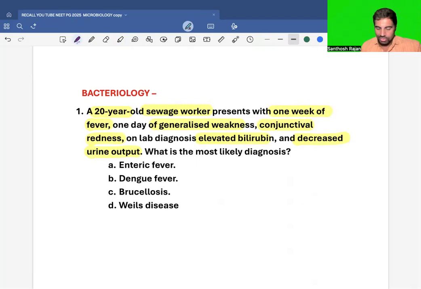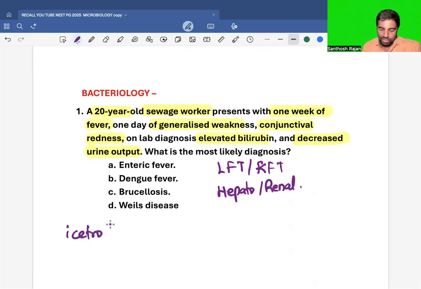That is basically when you talk about this type in your LFT, liver function test, or renal function test, KFT, right? A hepatorenal problem is there. Basically, it is icterohemorrhagic fever.